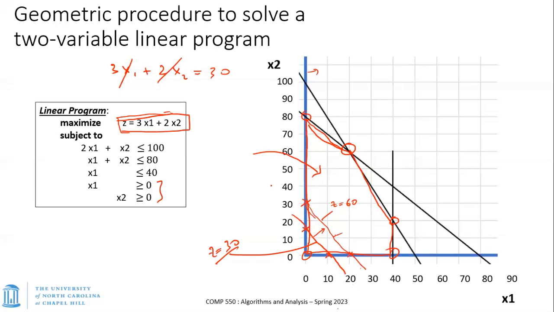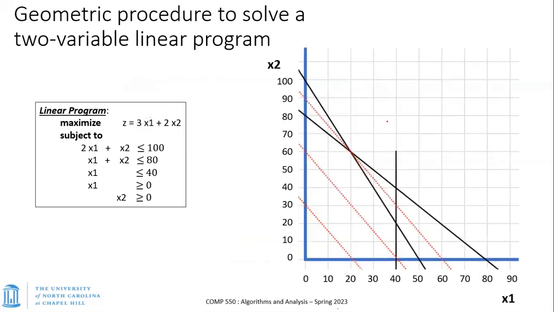If these two lines were parallel to each other, then that entire line could be the set of possible solutions. But since it doesn't seem to be parallel, it's kind of hard to guess because these two lines are fairly close to each other.